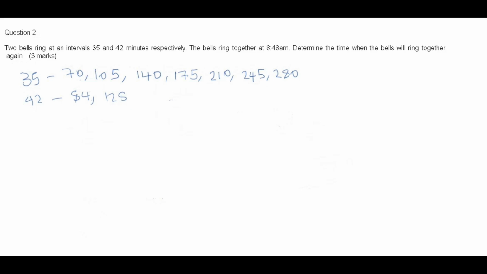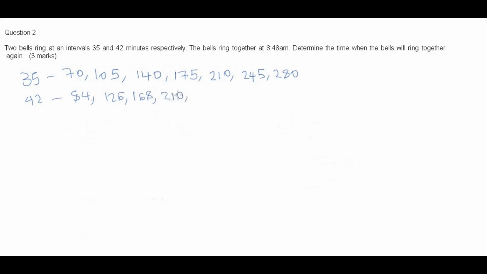It is the 126th minute. After ringing at the 126th minute, it will ring again at 126 plus 42, which is the 168th minute. 168 plus 42, it will ring again at 210 minutes.